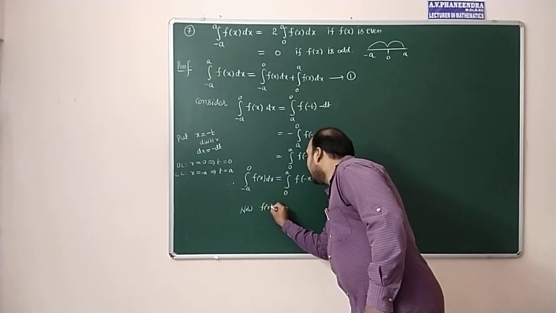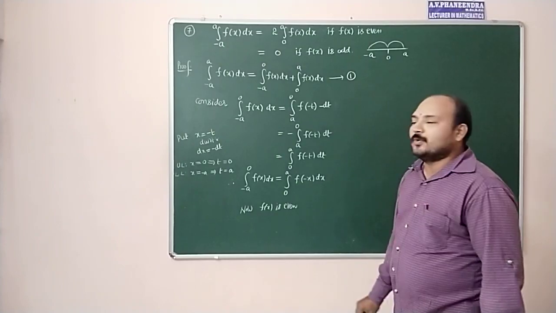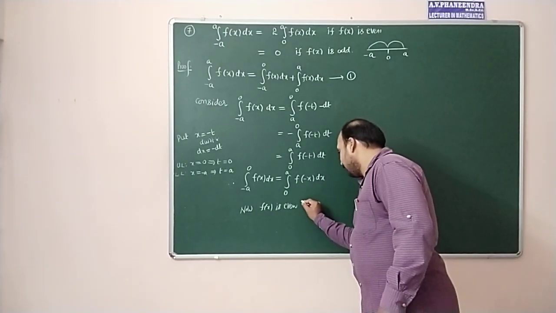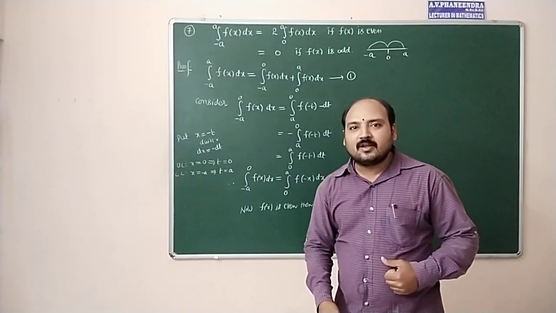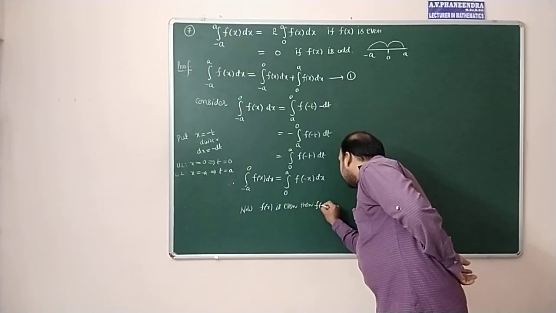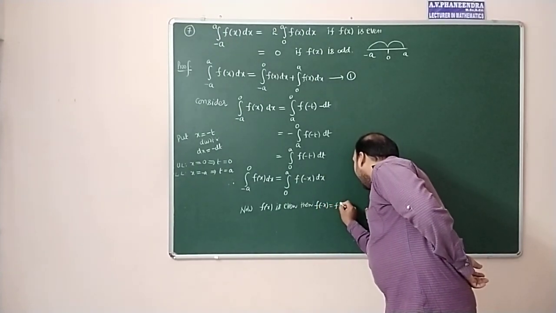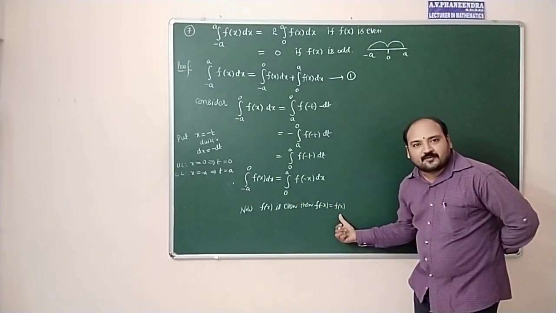Now, suppose f(x) is an even function. Then what is the definition of an even function? f(-x) is equal to f(x). So in place of f(-x), you have to replace it with f(x).